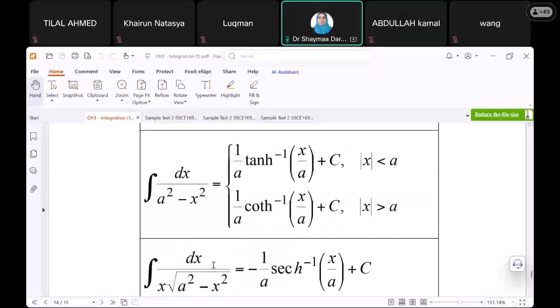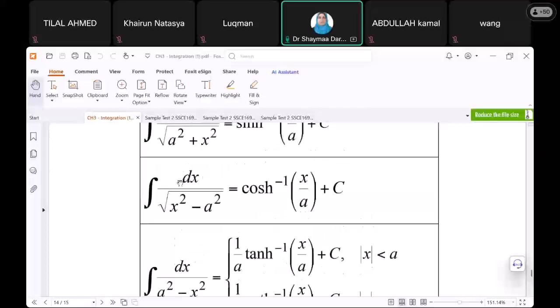So this is integration using either the formulas of inverse trigonometric functions or the formulas of inverse hyperbolic functions. Usually you should have a constant on top and below a quadratic without x. If you have x, you need to complete the square to cancel x.